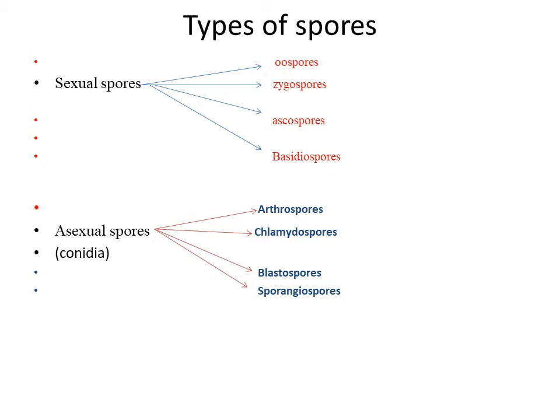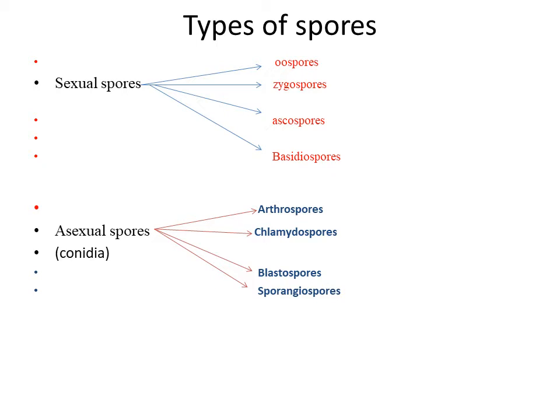There are different types of conidia, which are asexual spores. Types of conidia or asexual spores are, as you see, arthrospores, chlamydospores, blastospores, sporangiospores.